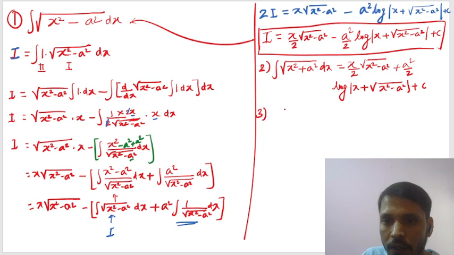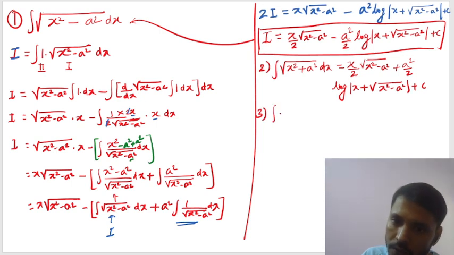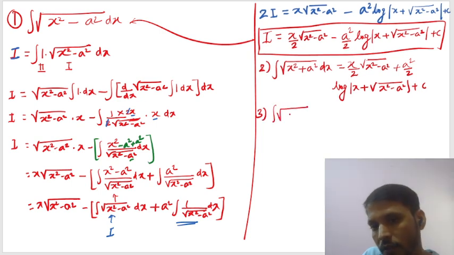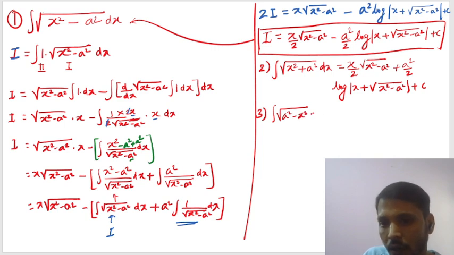And third, let us suppose we are given under root of a square minus x square. The first one was x square minus a square, but here a square is first and this is x square. Then how can we derive the formula?